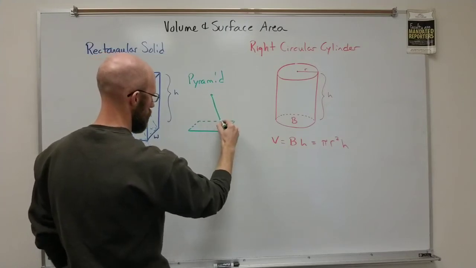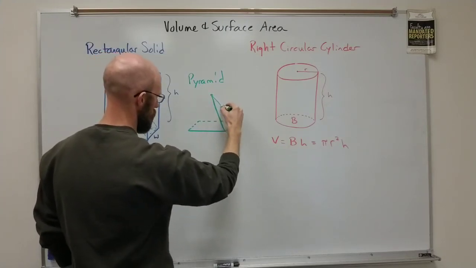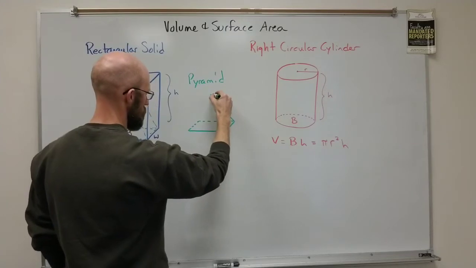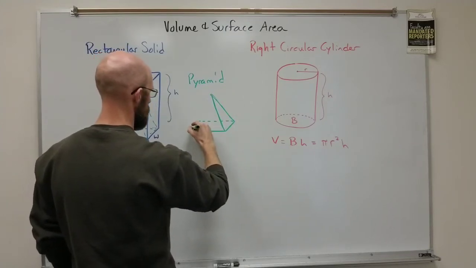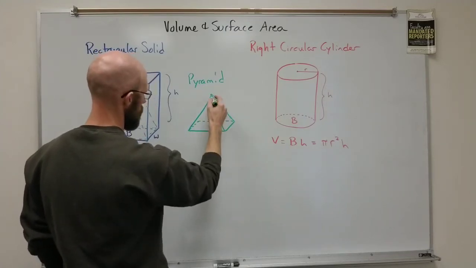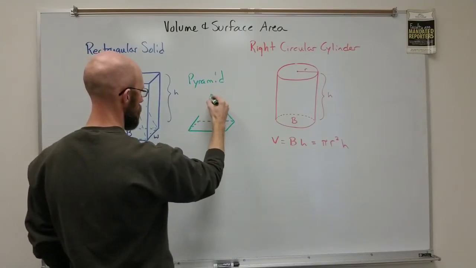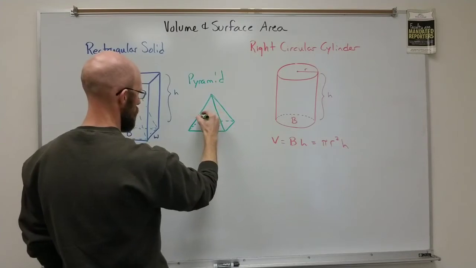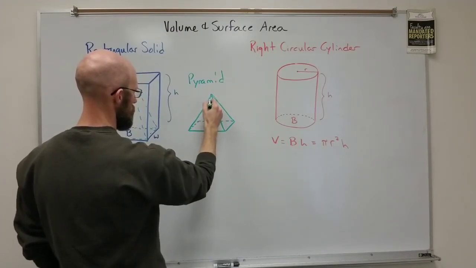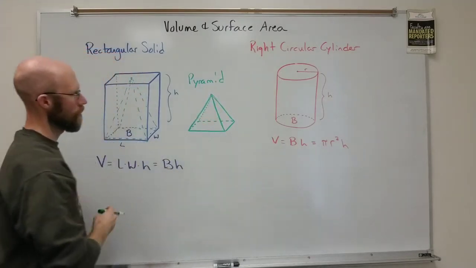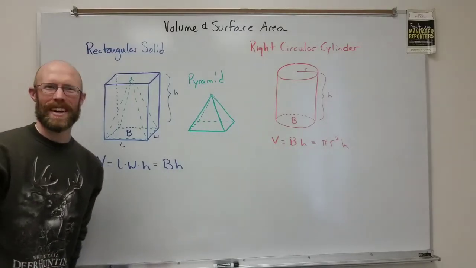Oops. All of my edges on this side are going to be solid. That edge will be solid. And then there's going to be one edge behind that is dashed right there. Okay, so there's my pyramid.